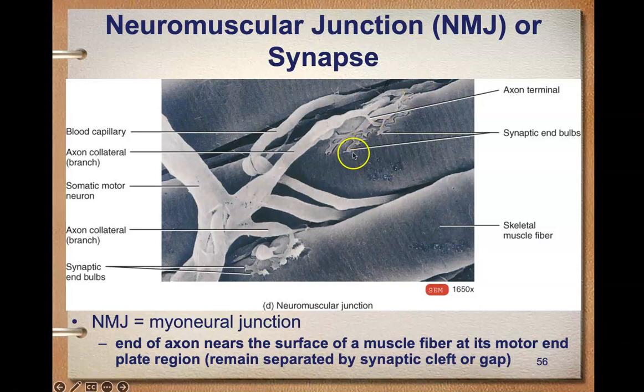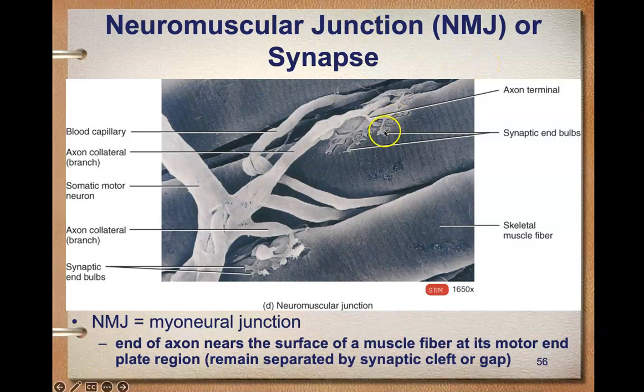Then, like I talked about, it passes this message across the synaptic cleft by releasing something called a neurotransmitter that helps transmit the signal. It's basically a chemical, and we'll talk in more depth about the fact that that chemical is called acetylcholine. That's our neurotransmitter.